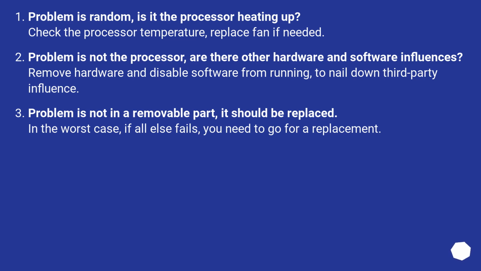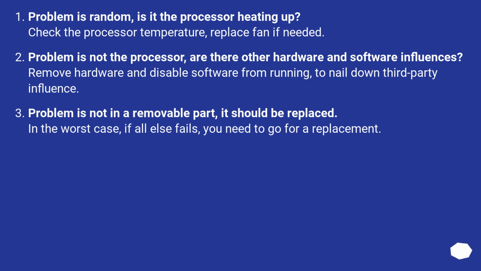Problem is random. Is it the processor heating up? Check the processor temperature. Replace fan if needed. Problem is not the processor. Are there other hardware and software influences? Remove hardware and disable software from running, to nail down third-party influence. Problem is not in a removable part. It should be replaced.